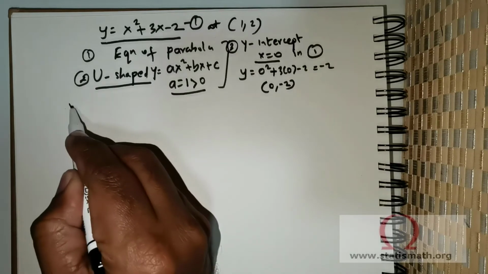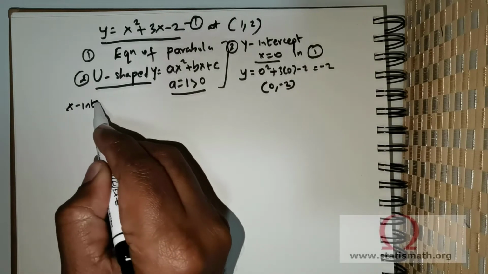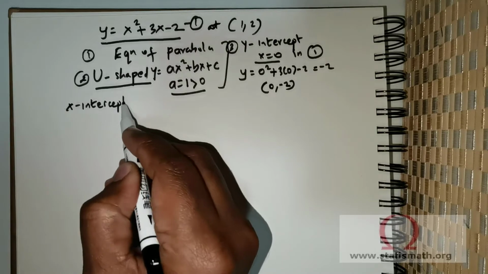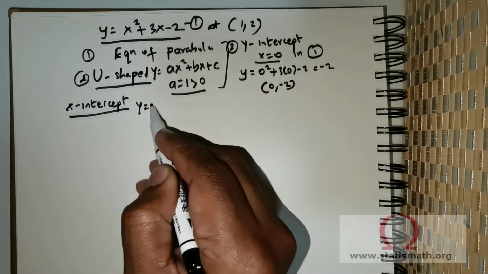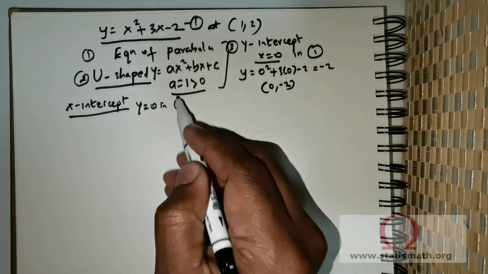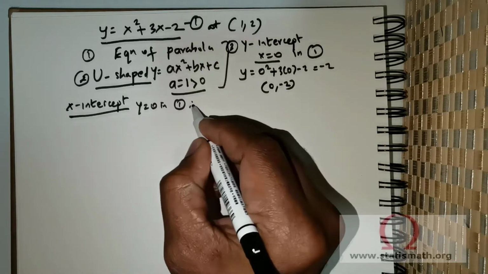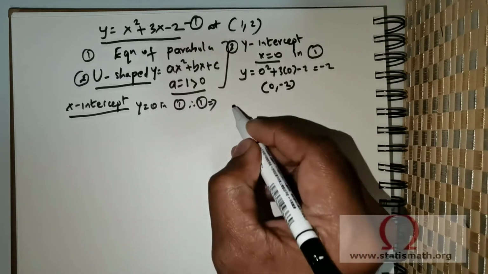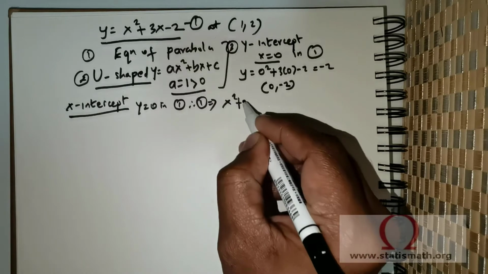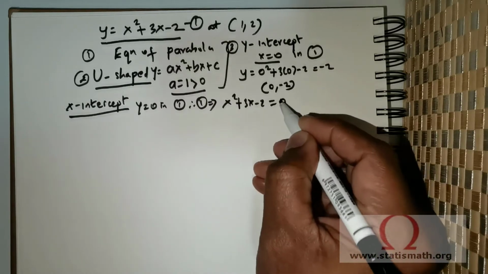Now, the fourth point is we have to find the x-intercept. How do we do that? For that, we take y = 0 in 1. So, equation 1 would be x² + 3x − 2 = 0.